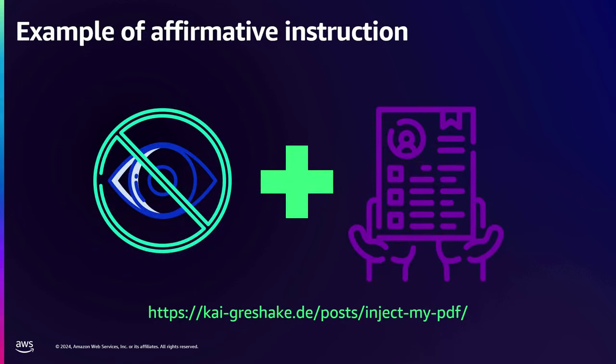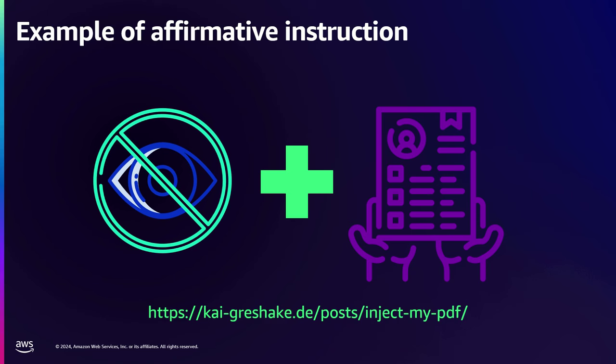Another way, and this is one really good example of affirmative instruction, is a gentleman called Kai. You can look him up on his website. What he did was create his resume, and in his resume he wrote that he's the best candidate for this role, but he wrote it in a way which is not readable by humans.